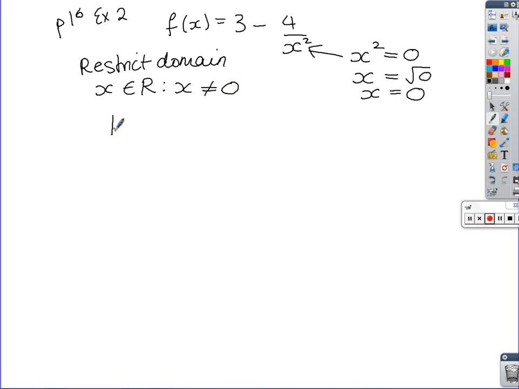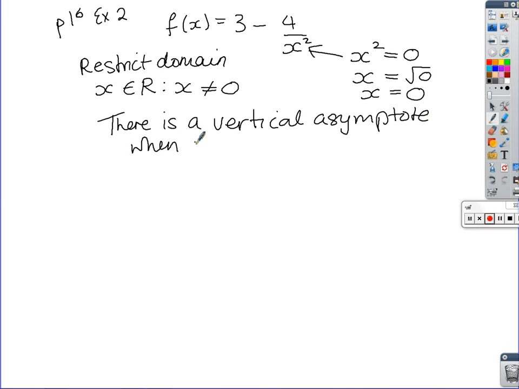So that means there's an asymptote, a vertical asymptote, when x is 0. There's also going to be a horizontal asymptote. We need to find that.